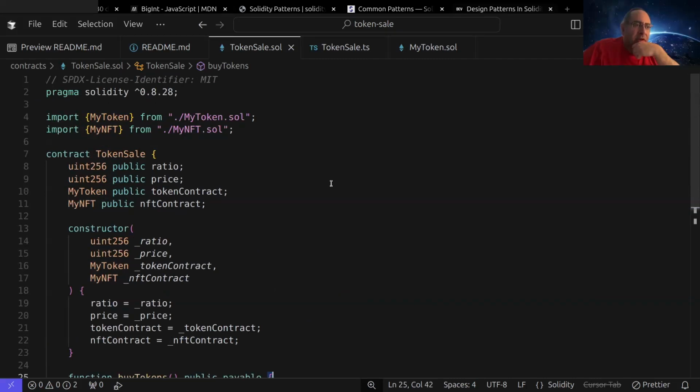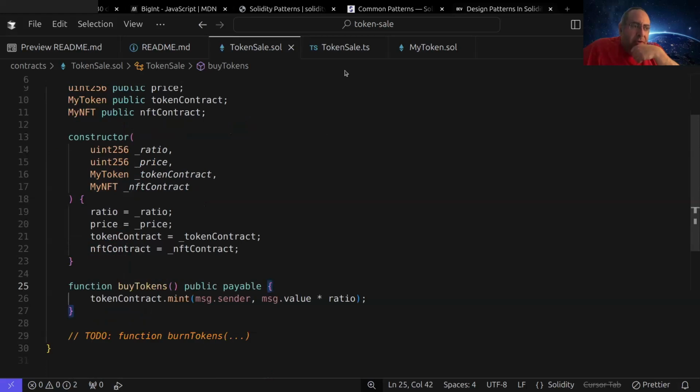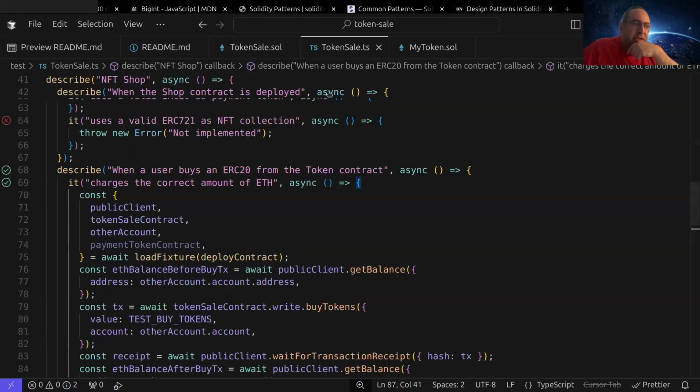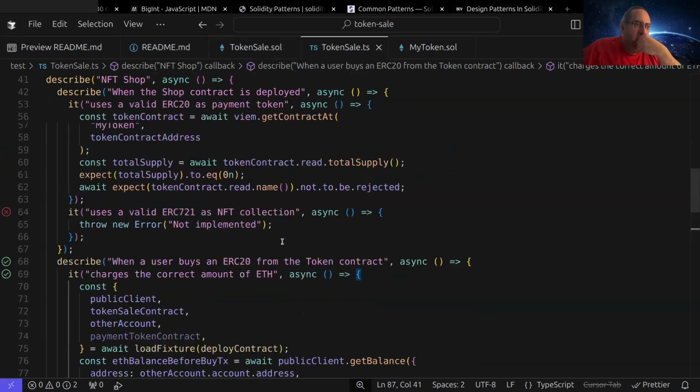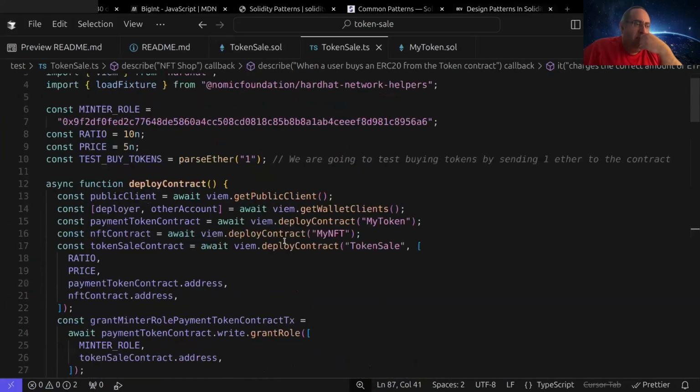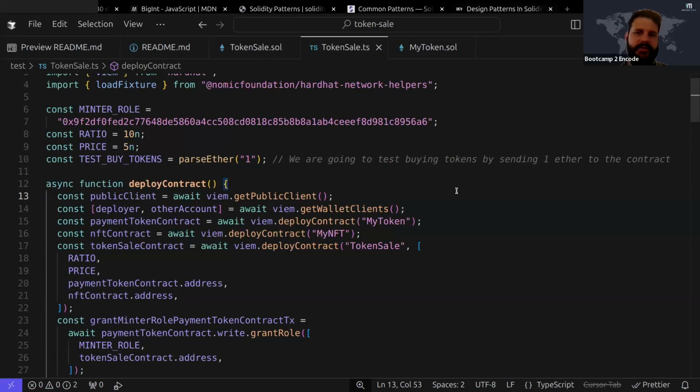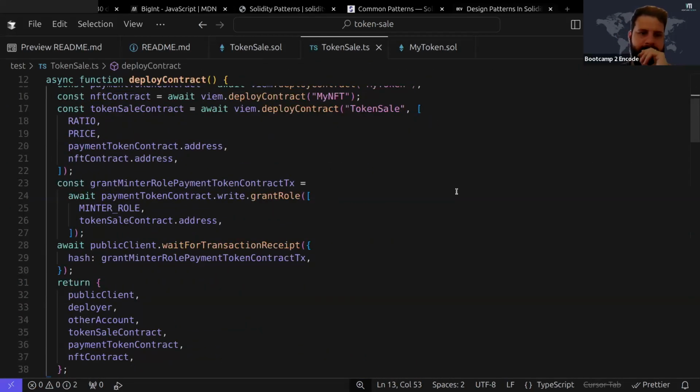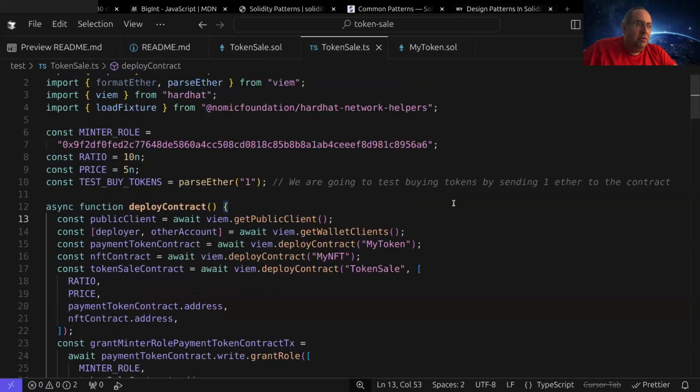My tests give an error of type error cannot convert undefined to a big int in the beginning. What am I missing? Maybe you forgot to compile your contracts. I did, but maybe I wrote something wrong.